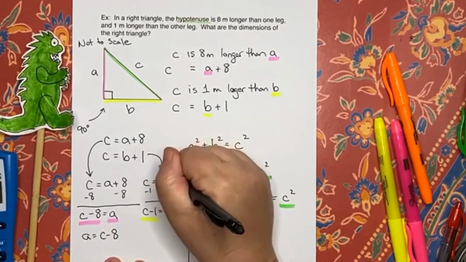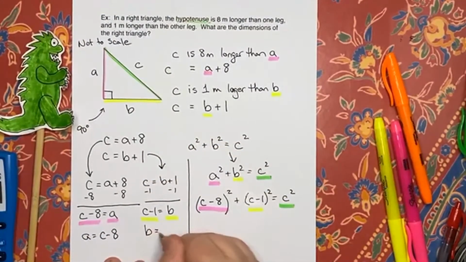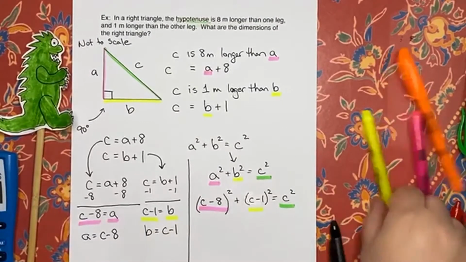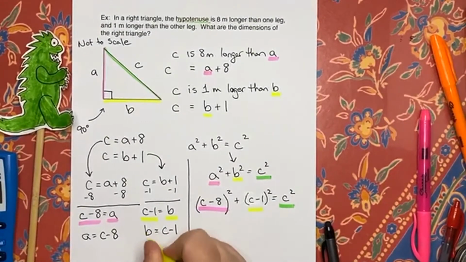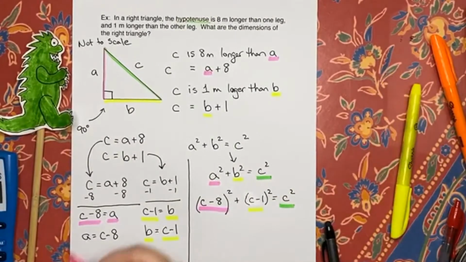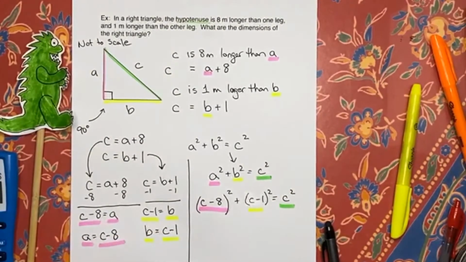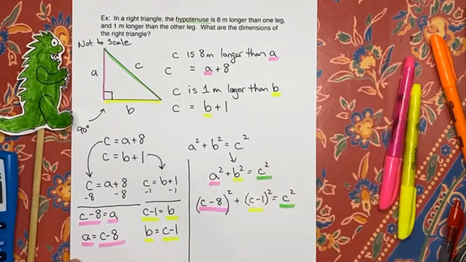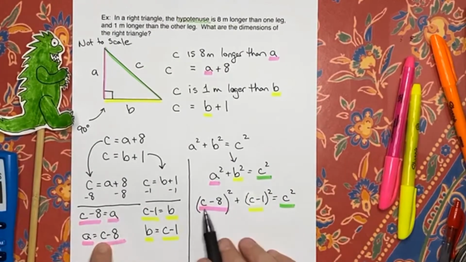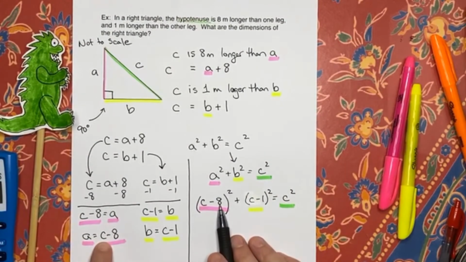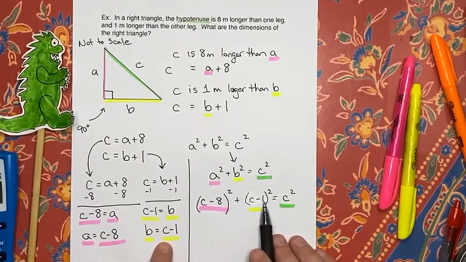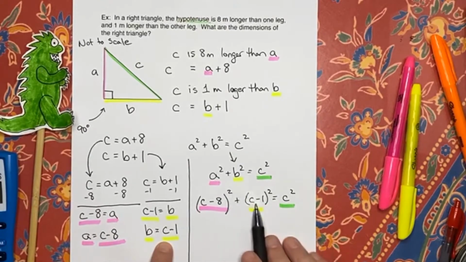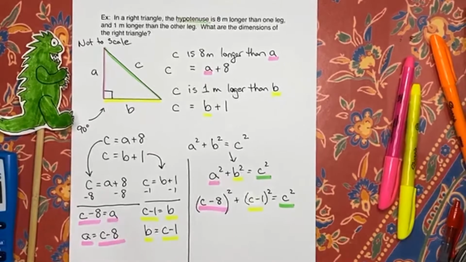Let me rewrite the one with B so that I get B equals C minus 1. And then I can take the pink one that represents A, that's C minus 8, because it's 8 shorter than C, and the B one that's 1 shorter than C.